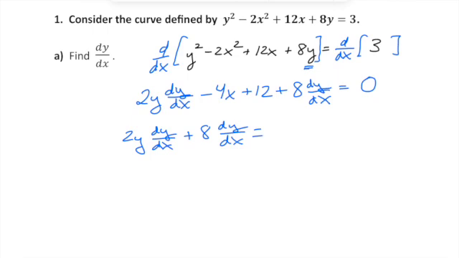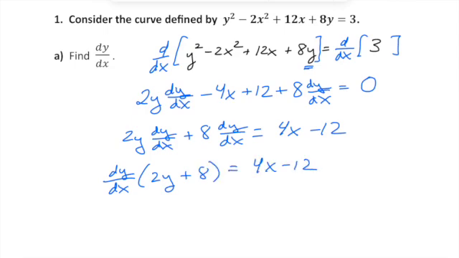Anything that doesn't have dy dx, you're not invited to the dy dx party. Move it to the other side of the equation. So I'm going to add 4x to the other side, subtract 12. Now that everything on the left has dy dx, I'm going to factor it out. I can factor out y prime, or dy dx, and I'll have 2y plus 8. On the other side, still 4x minus 12.